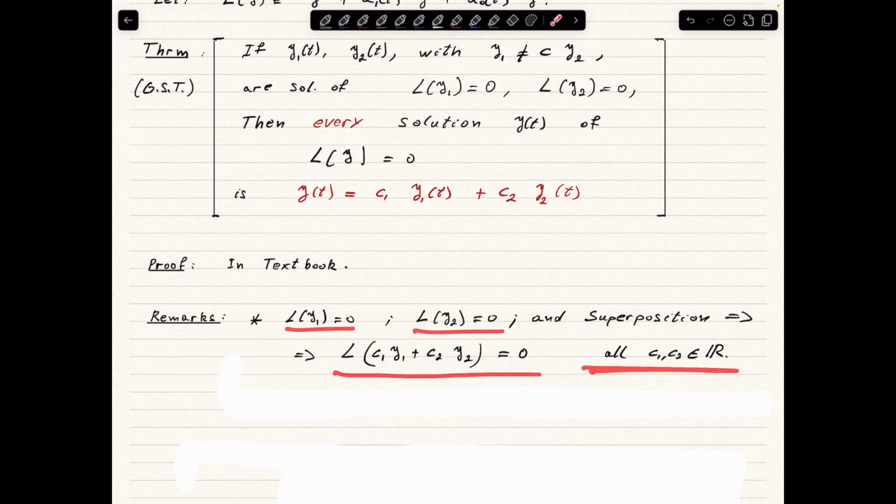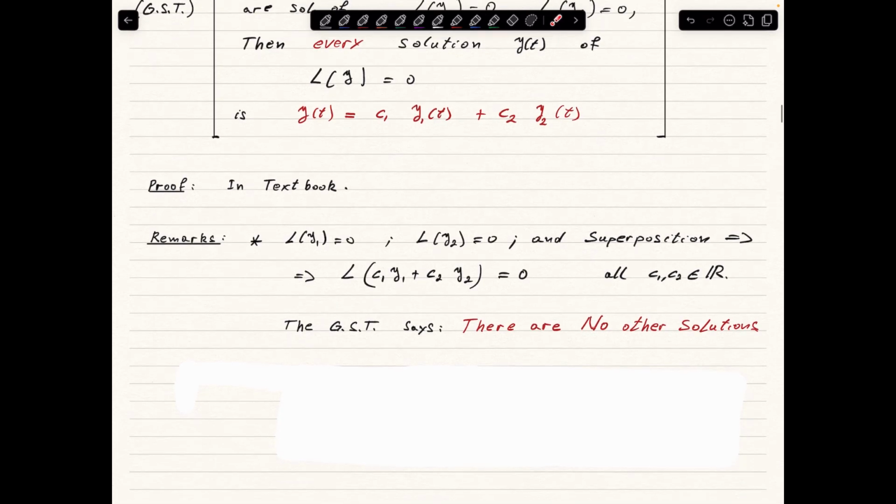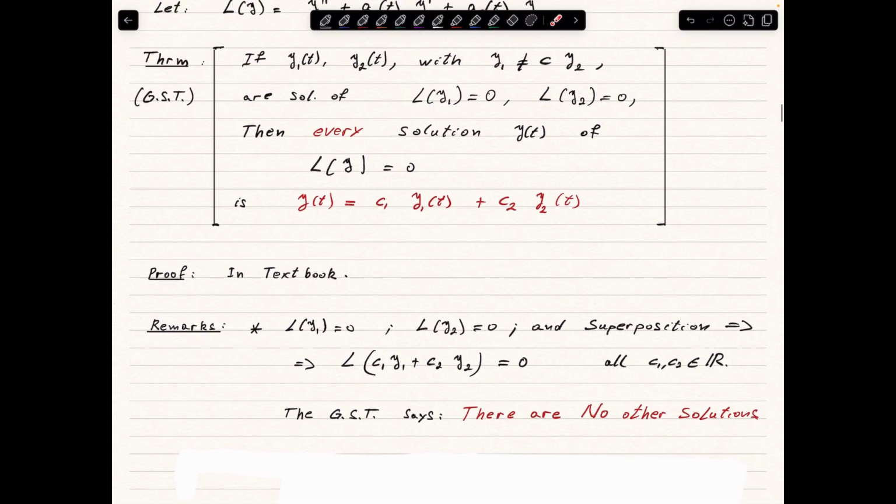What the theorem says is that there are no other solutions, because it says every solution. So all the solutions of the equation have to be of this form. There are no other solutions. Because of that, two solutions y1 and y2 which are not proportional to each other are kind of important.